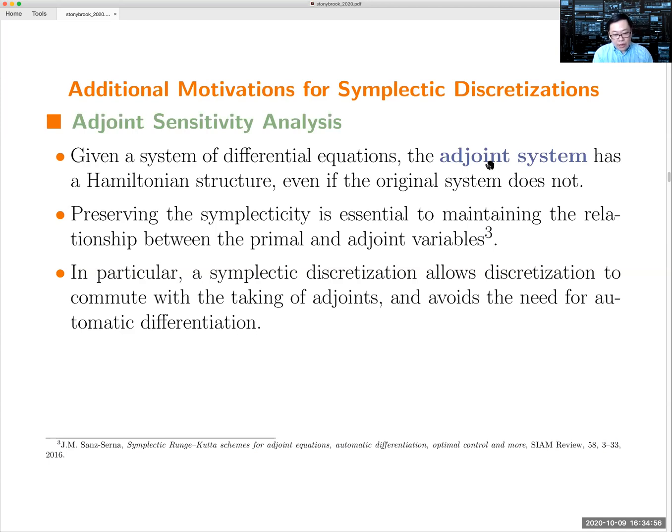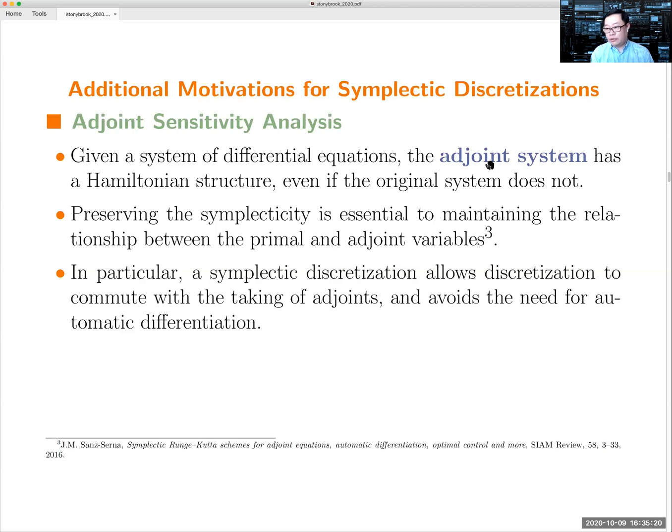And if, instead of the neural network, you had a discretization of a system of differential equations, then when you discretize that, you might want to apply the same discretization to the continuous adjoint equations.